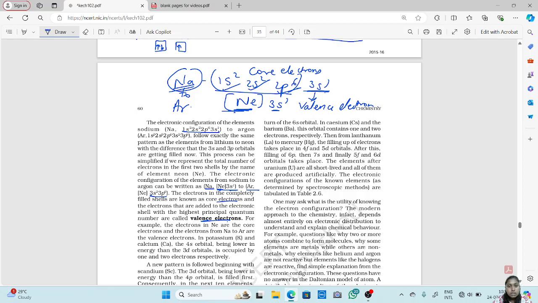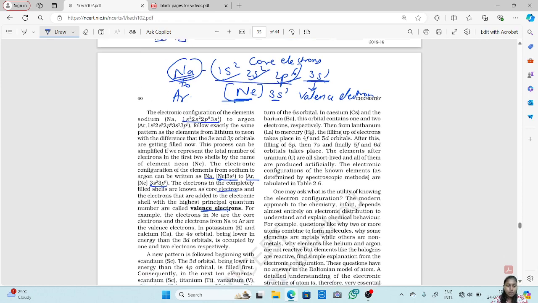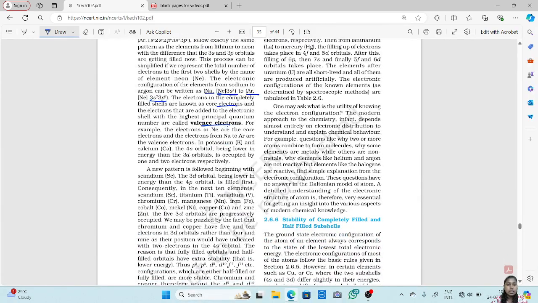The core electrons are where all the subshells are completely filled, and the valence electron has the highest principal quantum number. For example, the electrons in neon are the core electrons, and the electrons from sodium to argon are the valence electrons. In potassium and calcium, the 4s orbital being lower in energy is occupied by 1 and 2 electrons respectively.